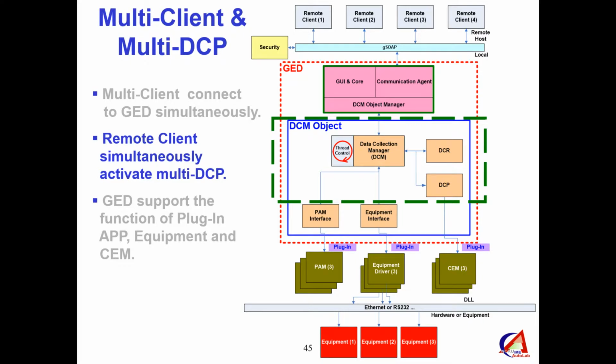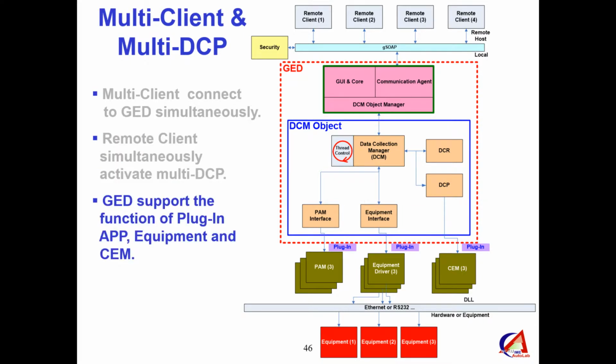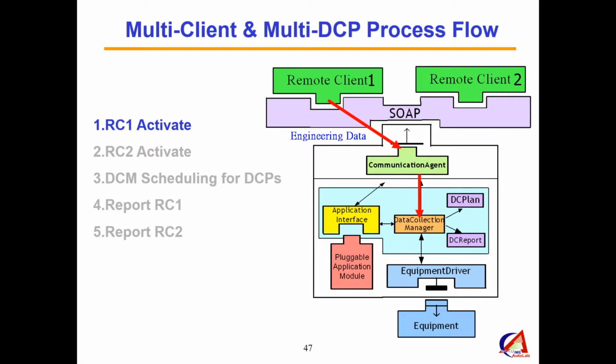Then finally, the GED supports the functions of plugin APP, equipment and the CEM. So you see this is supporting plugin, not only the APP but also the equipment and the CEM. So this is the scenario of multi-client and multi-TCP flow.